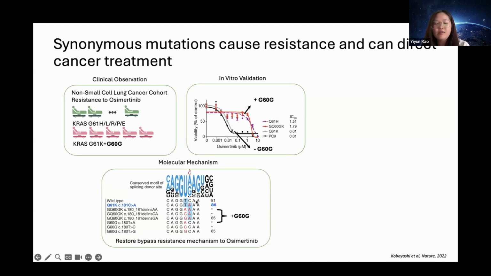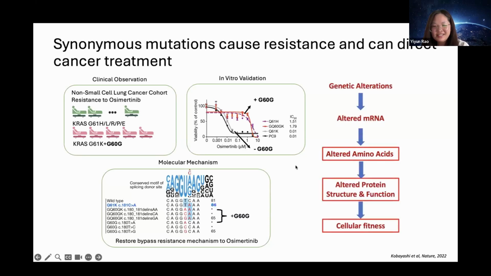It's not even a mutation at the splice site, it's still embedded in the coding sequence. But the fact is, it still alters the amino acid sequence. So could this assumption of synonymous neutrality be wrong, given such rare evidence that synonymous mutations can affect splicing and lead to disease?